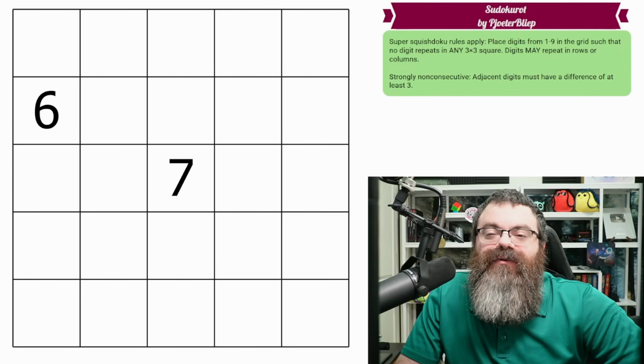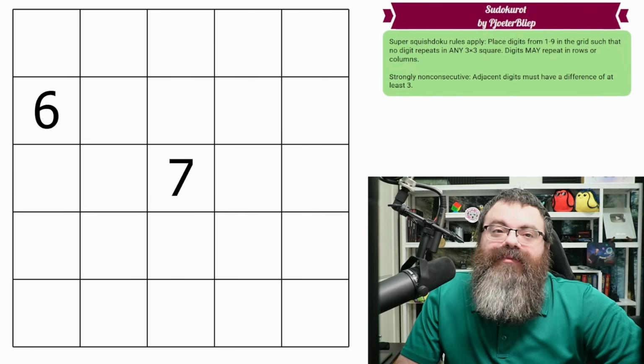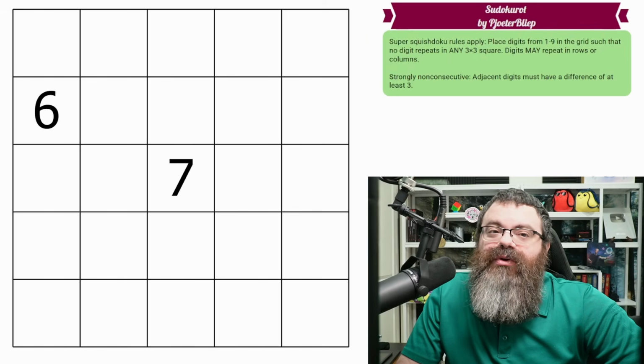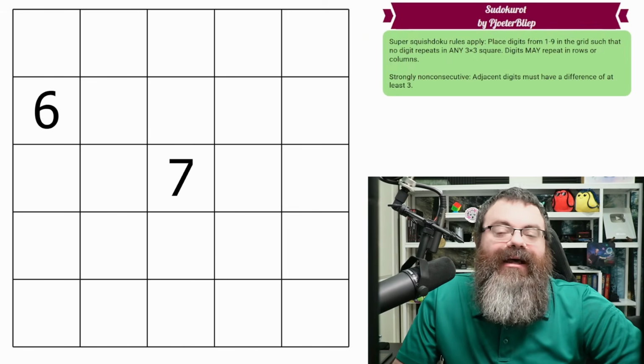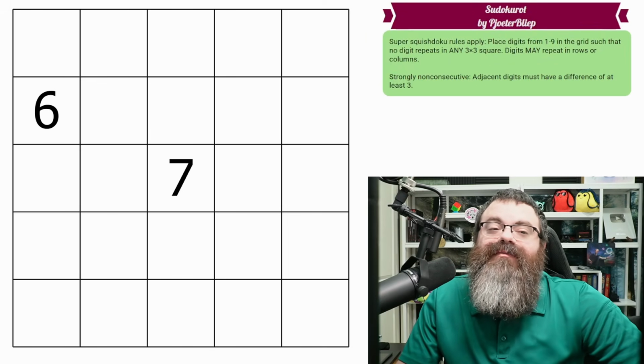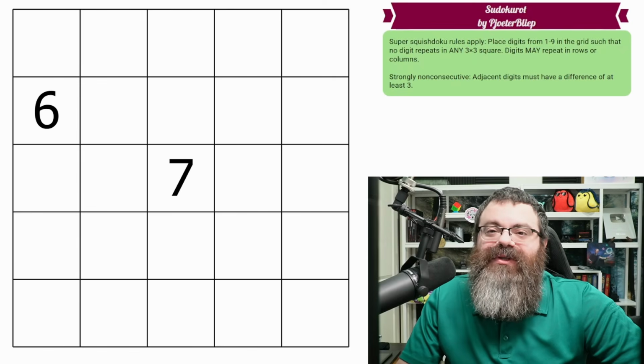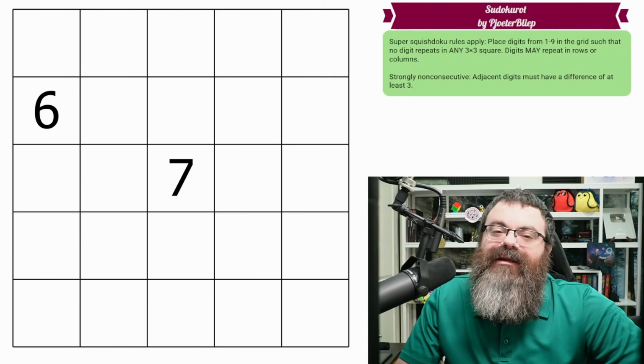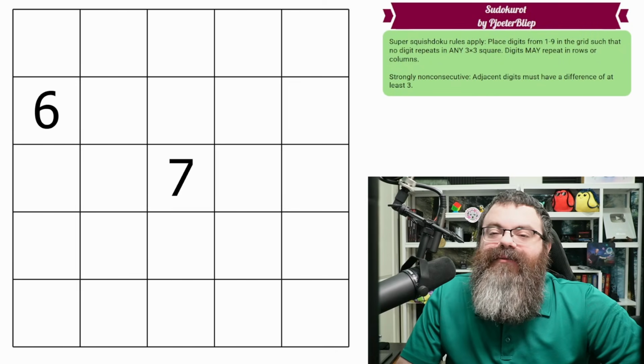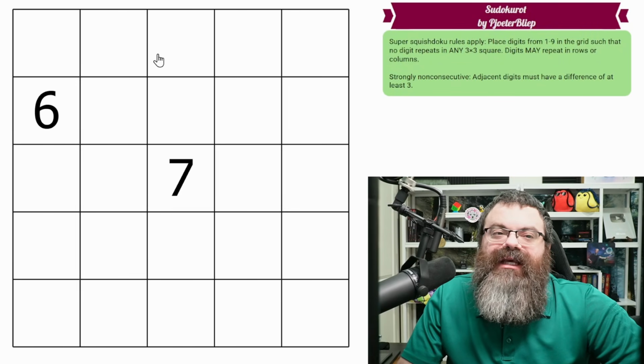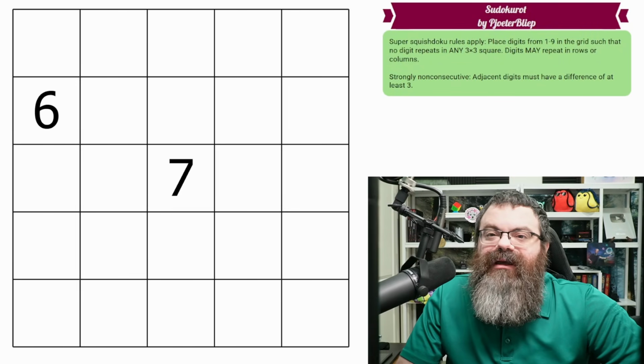And so for the week, we will be doing Sudoku rules do not apply. Now, that doesn't mean it's just some random puzzle. It means it kind of reminds you of Sudoku in some ways, but it breaks the rules in important ways. The standard 1 through 6 in each row, column, box, or whatever.